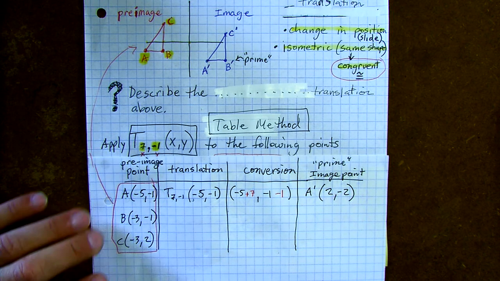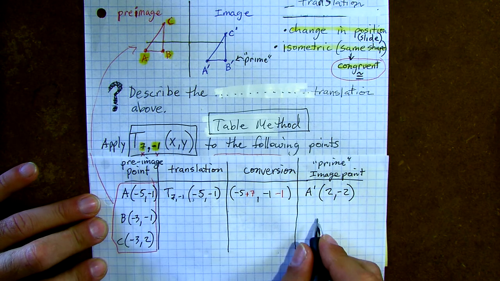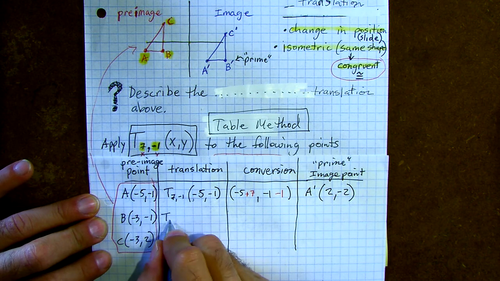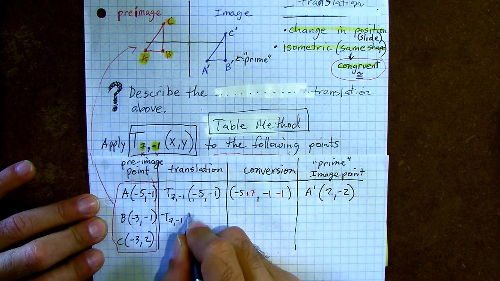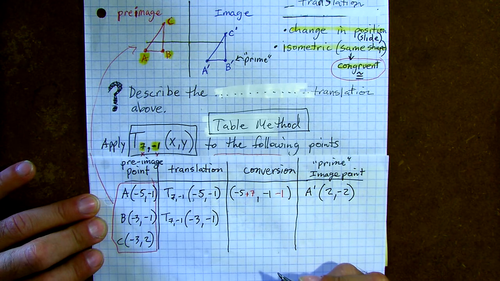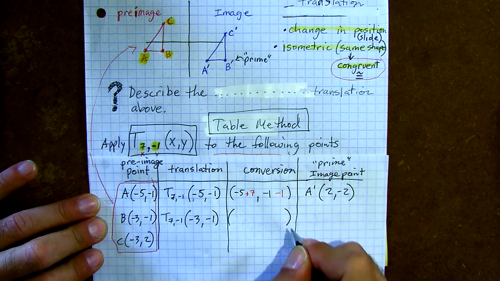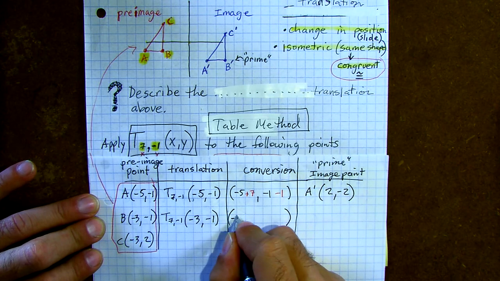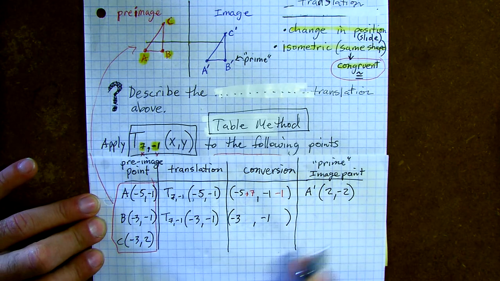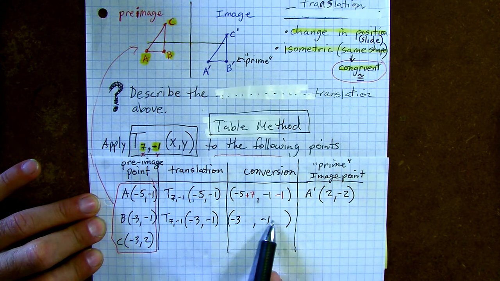All right, let's see what's next. We're going to translate B to B prime. So we're going to do the same translation, 7, negative 1, and we're going to apply it to this point. Let's go ahead and open it up. We started with negative 3, negative 1. So remember, the point that we are translating is our point B. So that's what I put here.